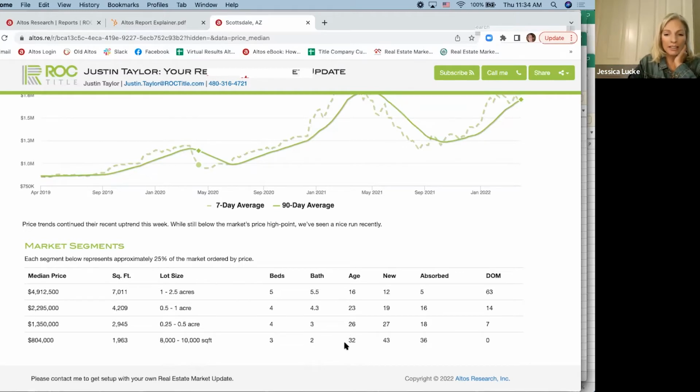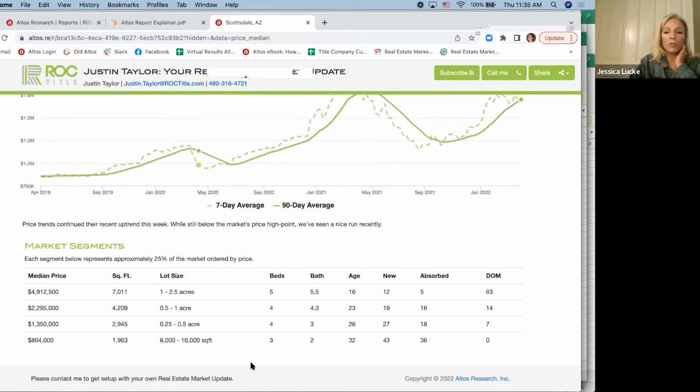But by the way, the days on market for that segment is less than a week. So you have to have all your ducks in a row. And if you want to play the game, you're going to have to put in an offer. In fact, you're probably going to have to know somebody who's putting something on the market before they actually do, because that's how quick inventory is moving in that particular segment.